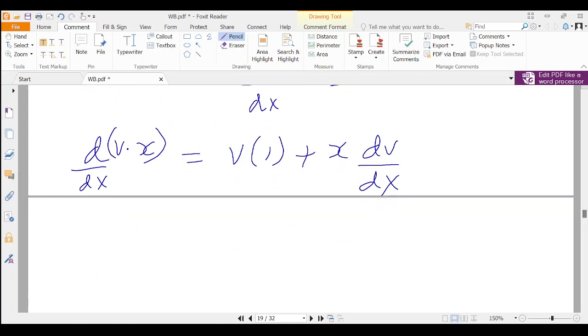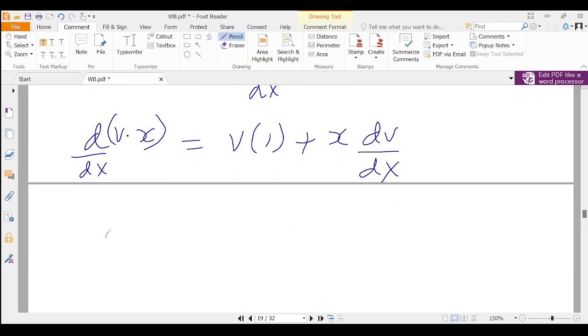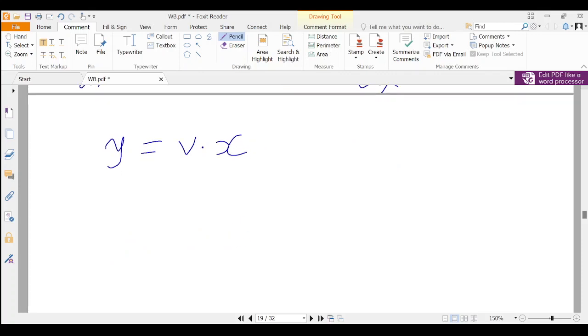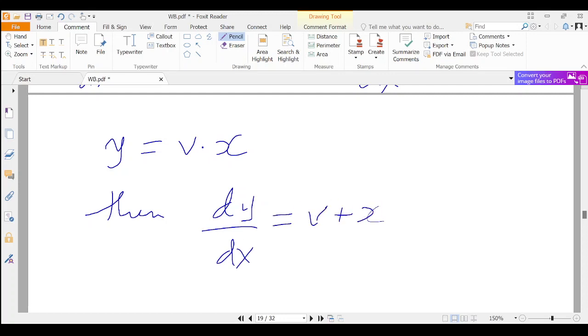So basically, because we have said y is equal to v times x, where v is a function of x, we can write that the derivative of y with respect to x is equal to v plus x dv/dx.